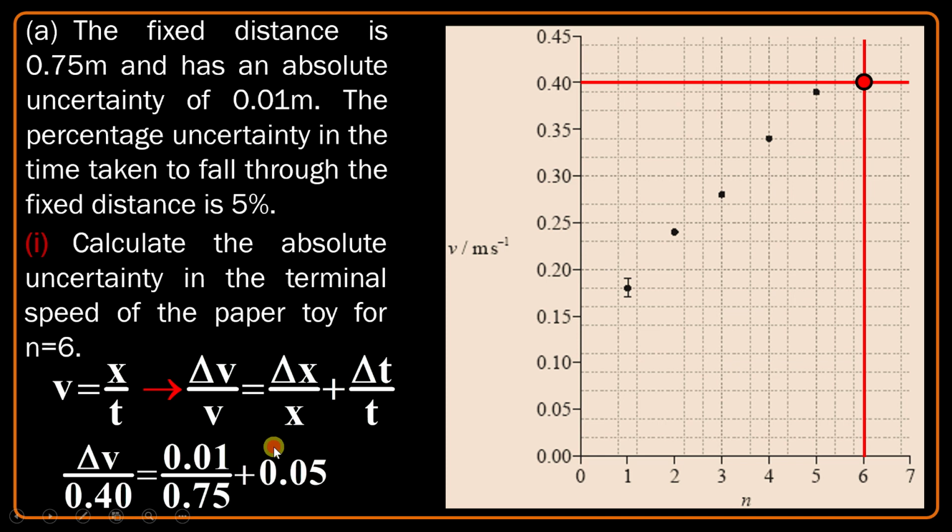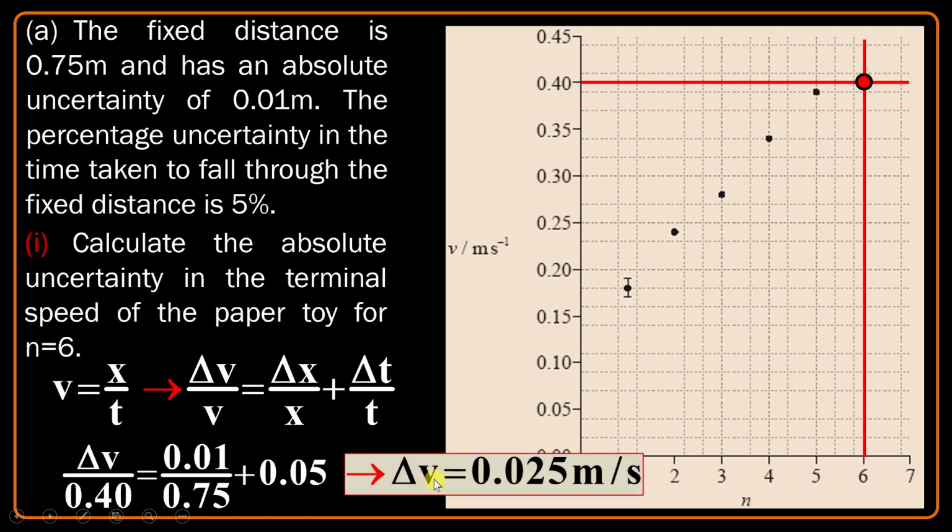That's all. You should just do the calculation and find delta v to be 0.025 meters per second. This delta v is the uncertainty for the velocity, but pay attention, this uncertainty belongs to the n equals 6 only. It is not applied for the other values. The uncertainty in each case may be different. Let's continue.